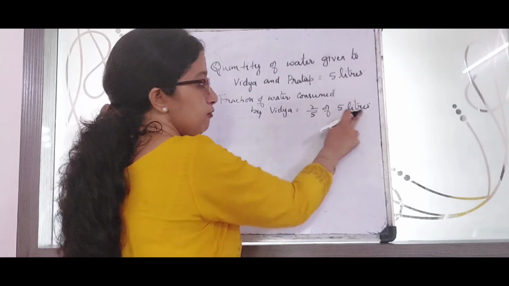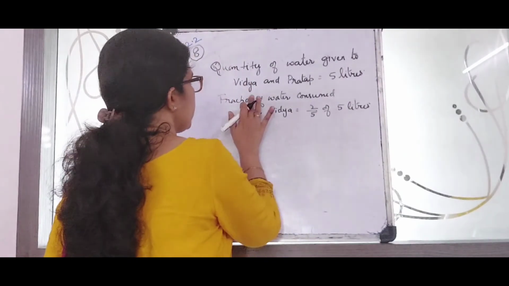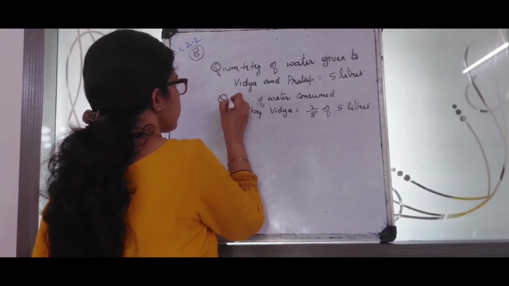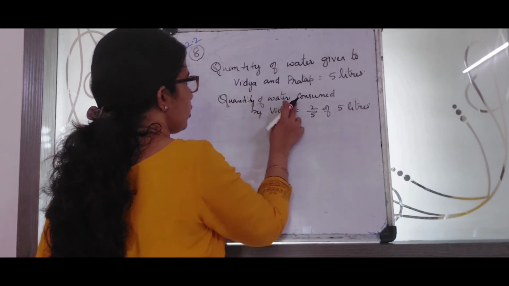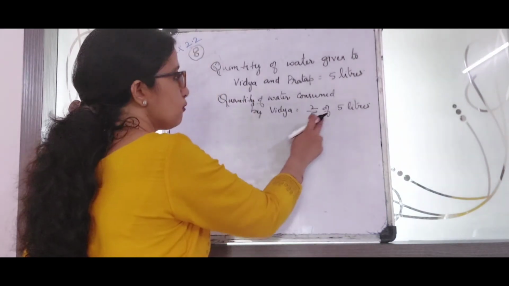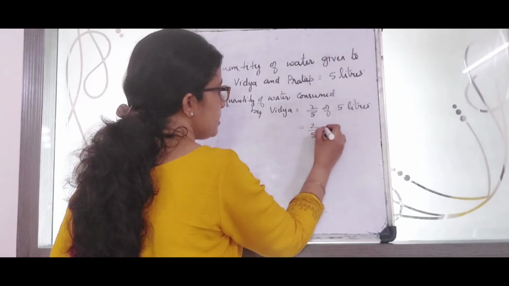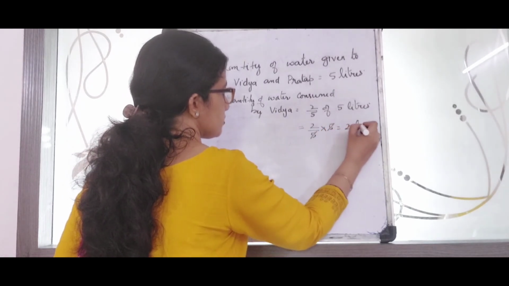So 2/5 of 5 liters. Correct. So you can write: quantity of water consumed by Vidya is 2/5 of 5 liters. That is 2 by 5 of means into 5, which is equal to 2 liters.